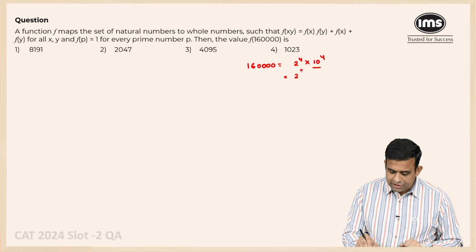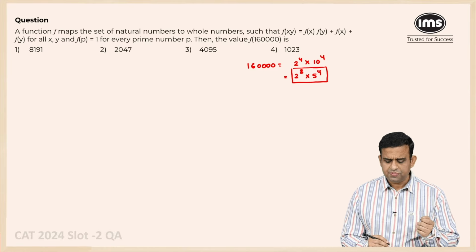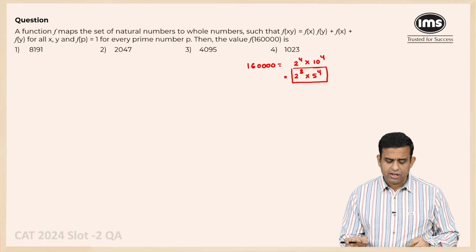This number is 2 raised to 8 into 5 raised to 4. So we are able to write this number in the form of 2 power 8 into 5 power 4. Let's see some of the pattern over here.